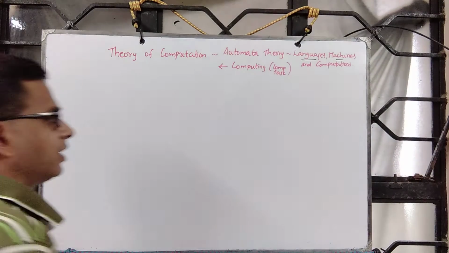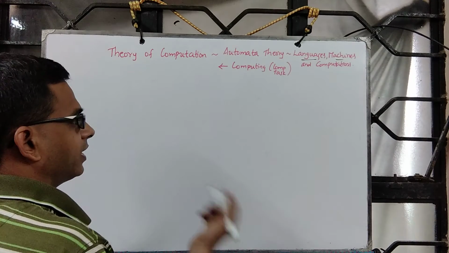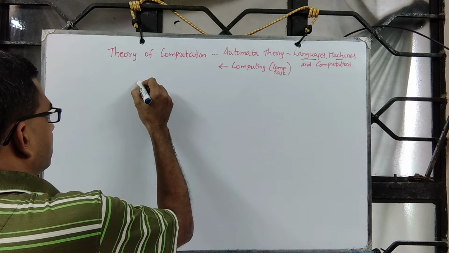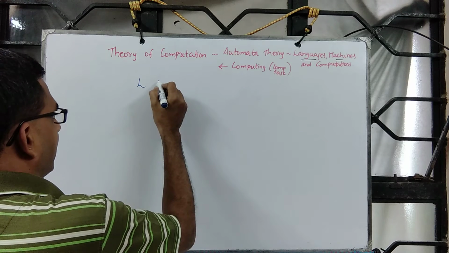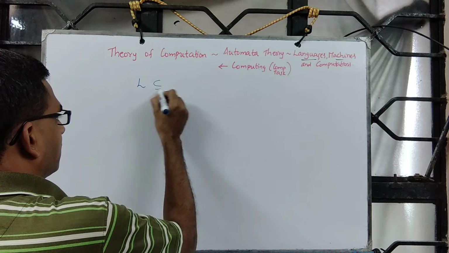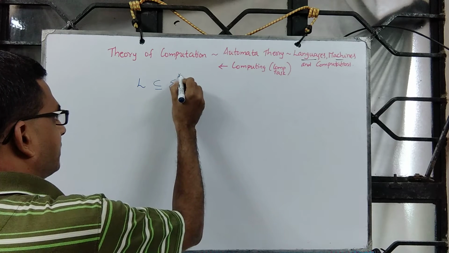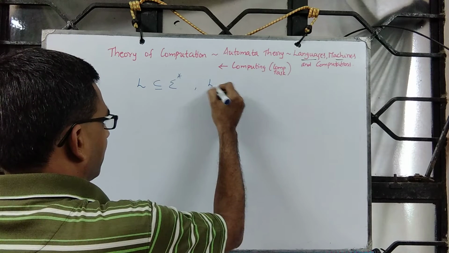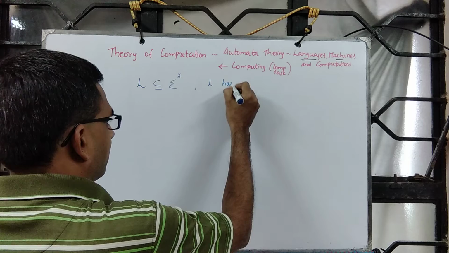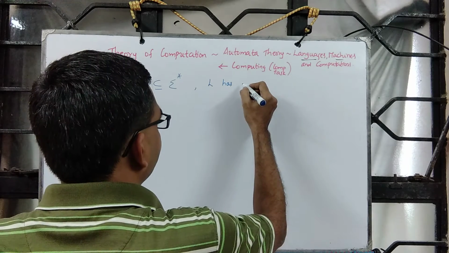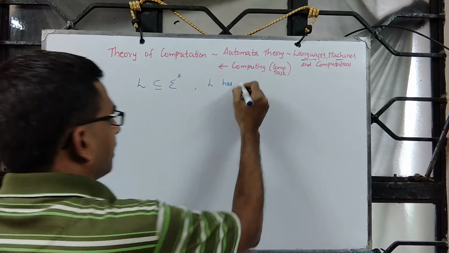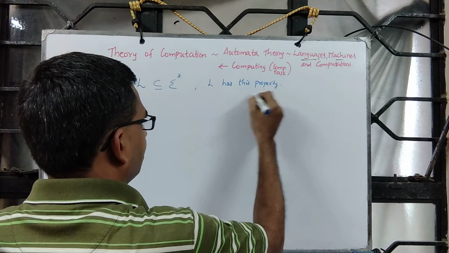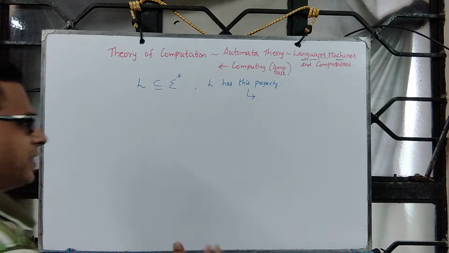So having seen a couple of languages and their equivalent finite automaton, here is a larger message. We are given a language which is a subset of sigma star. Not just that, L has this property. What is this property? L respects some property.